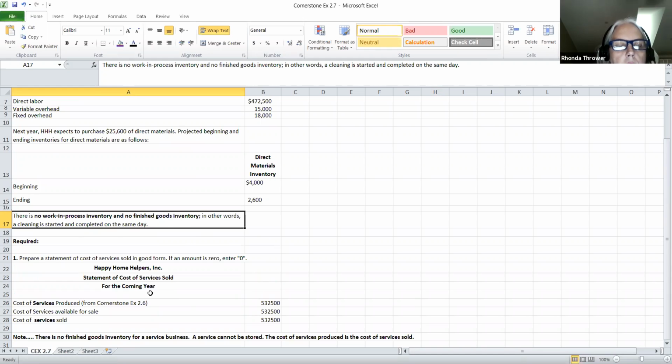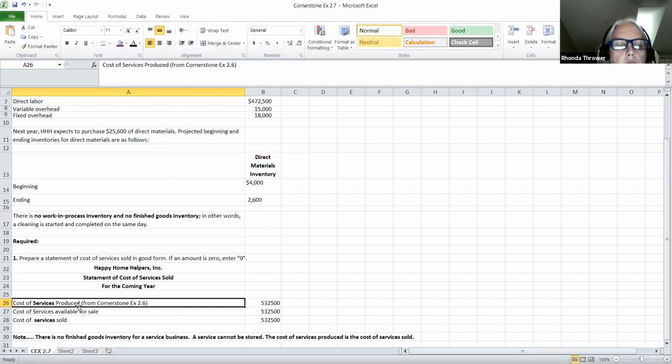Now, this cost of services sold is going to look a little strange to you, because what we're starting with is the cost of services produced that we picked up from the previous exercise. We calculated this amount just a few minutes ago.